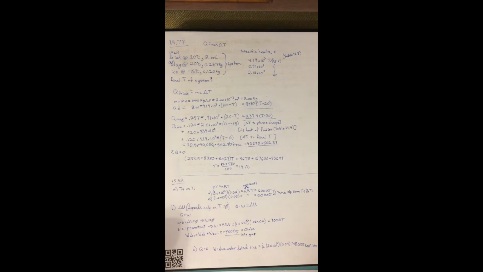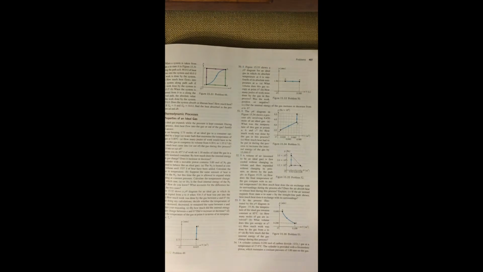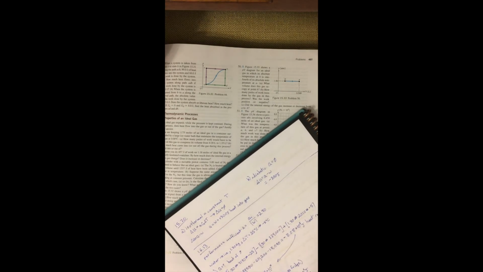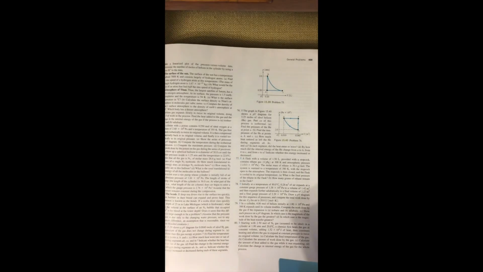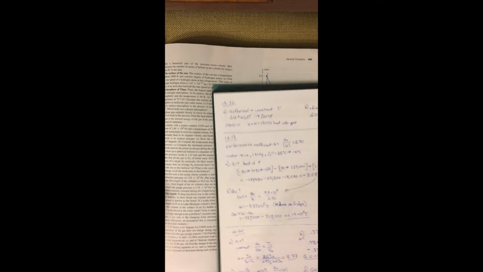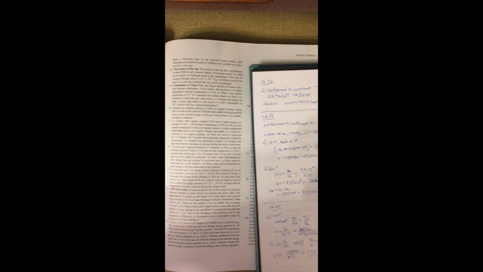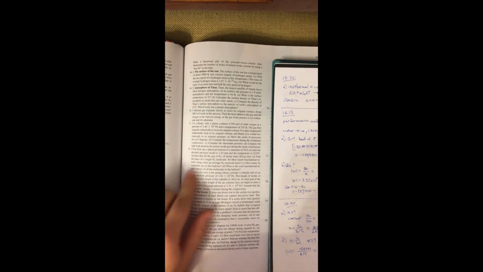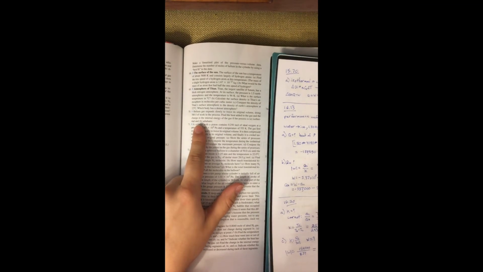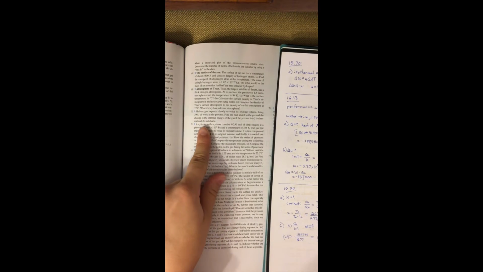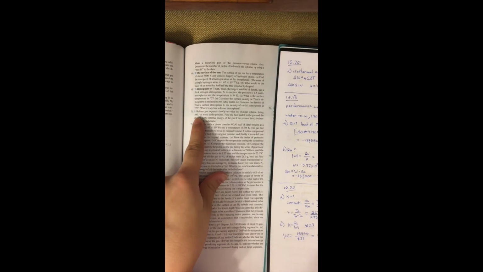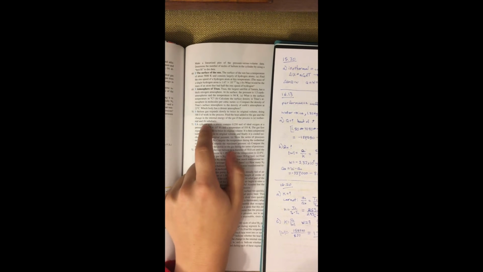All right, so moving on to the next question. Still chapter 15, now looking at question 70. Helium gas expands slowly to twice its original volume, doing 300 joules of work in the process.